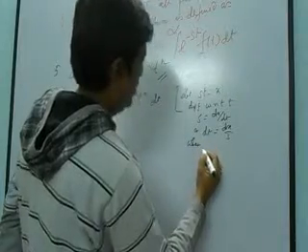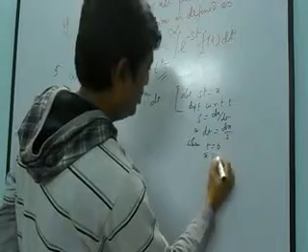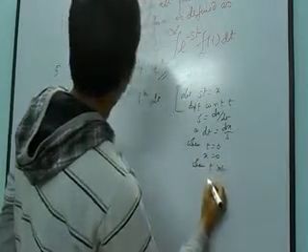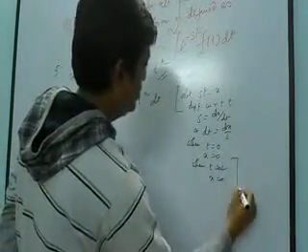When t equals 0, x equals 0. When t equals infinity, then x is also infinity.